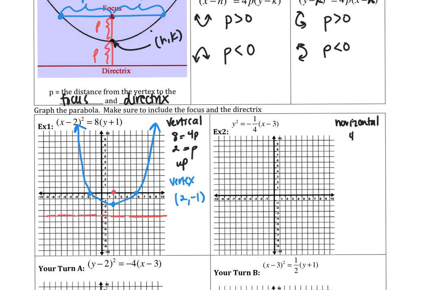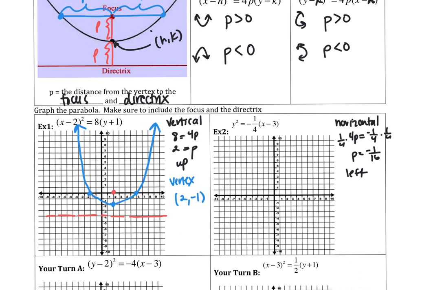I know 4p equals -1/4. So if I multiply both sides by 1/4, I get p equals -1/16. That's a pretty small value, so we're going to just do our best to approximate here. However, this does tell me that since p is less than 0, the parabola opens up to the left.